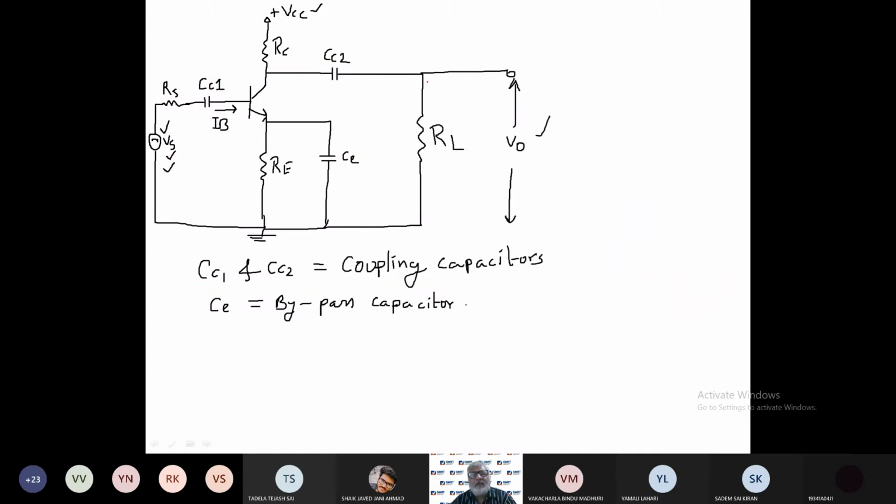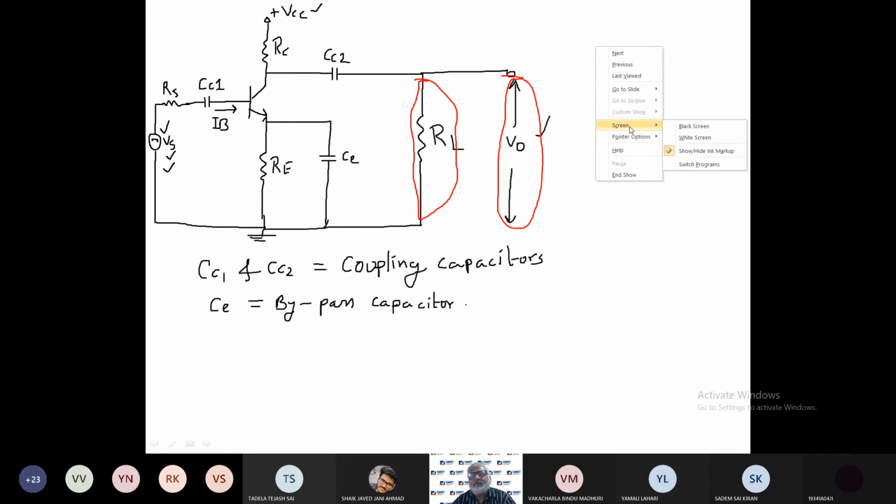So now see, if you don't have the load here, you just remove this load. Don't take the output across this. Now what can we do? From this CC2, I will connect this to another transistor. Right here, this is RC.